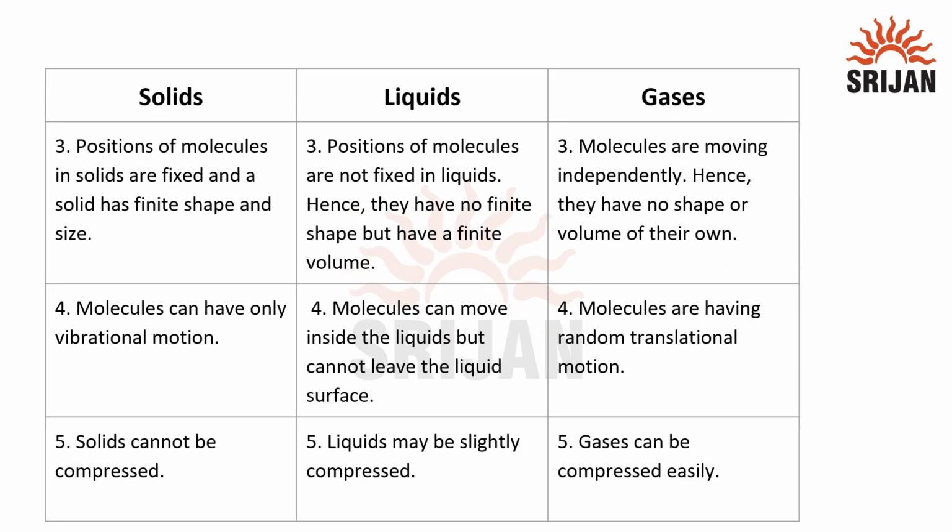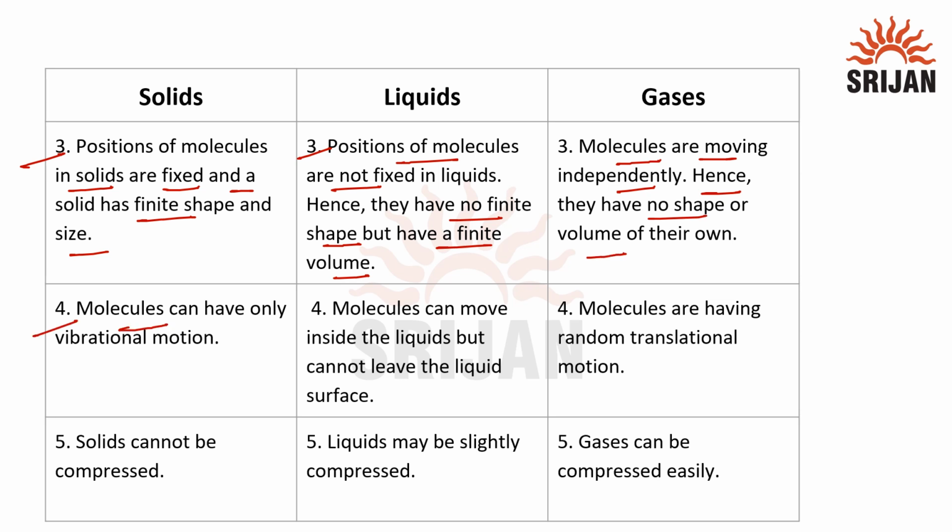Next is position of molecules. Position of molecules in solids is fixed and a solid has definite shape and size. Whereas in liquids, position of molecules is not fixed and hence they have no definite shape but they have definite volume. Talking about gases, molecules are moving independently and hence gases have no shape or volume of their own.